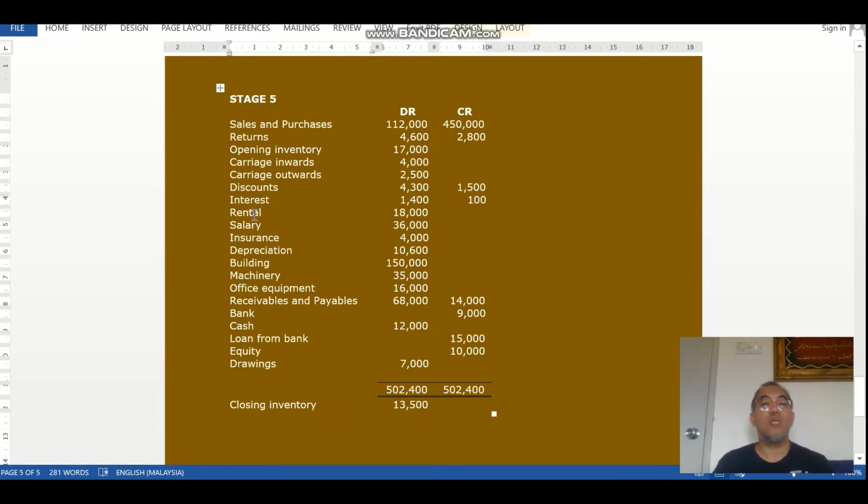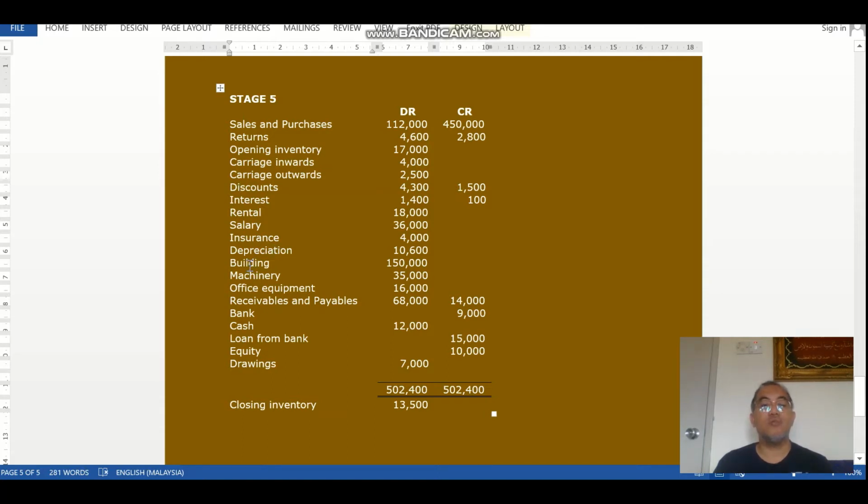And we have rental, salary, insurance, depreciation, all of those are expenses. So we can see the expenses start from carriage outward: carriage outward, discounts allowed, interest expense, rental expense, salary is also an expense, insurance, depreciation.